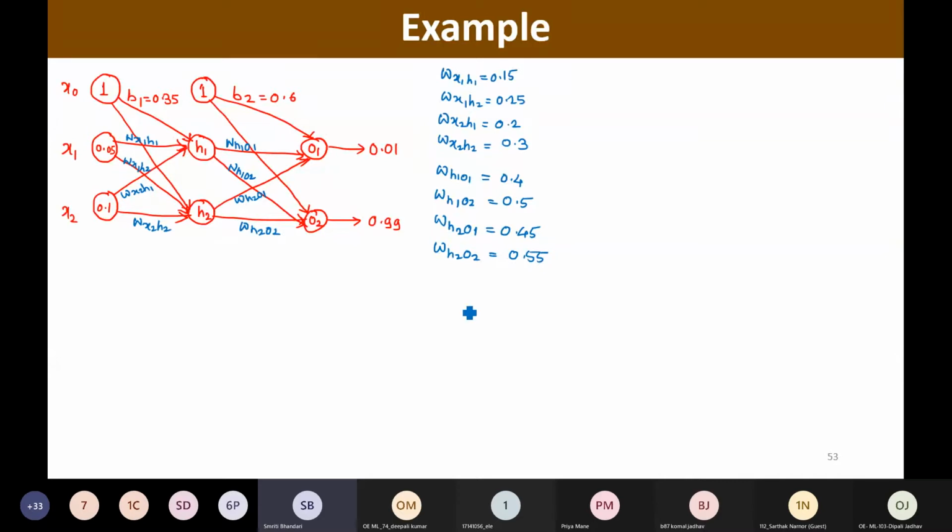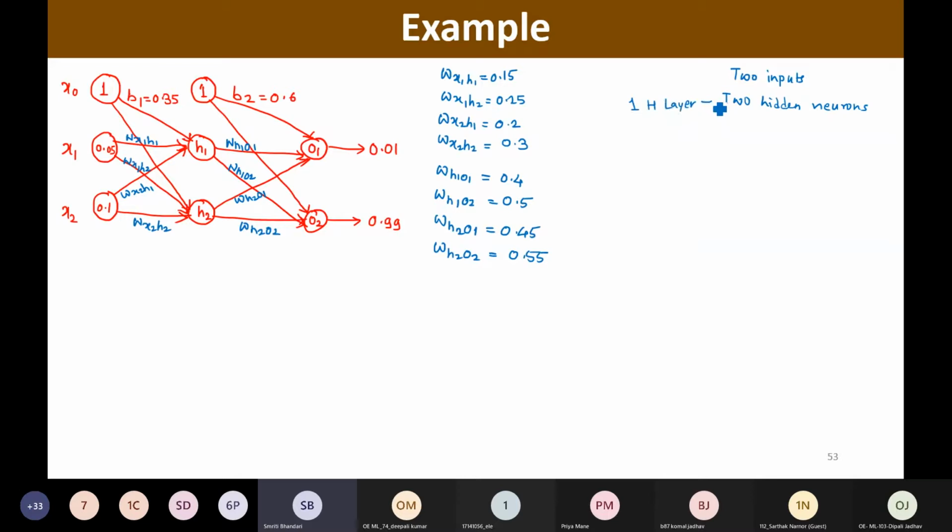So in this network having two inputs, we are having two hidden neurons. So one hidden layer that comprises two hidden neurons.